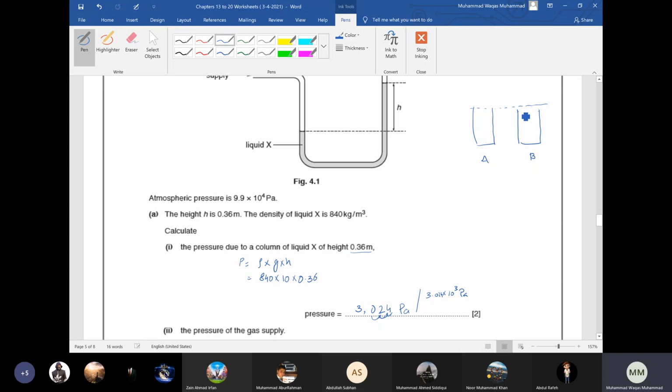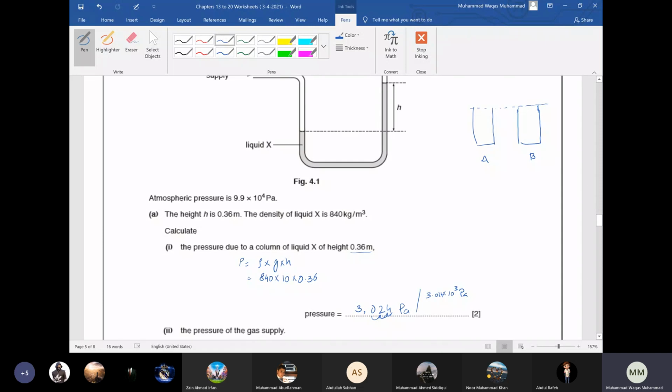Beta, you remember we studied in the properties of liquids that liquid pressure increases with depth. At any particular depth, pressure acts equally in all directions, right? Pressure does not depend upon the shape of the container, right, beta? And pressure also depends upon the density of the liquid, right or wrong? Right, sir.